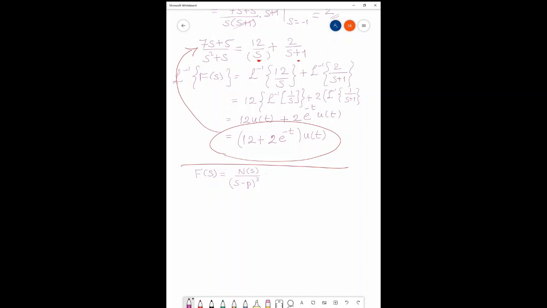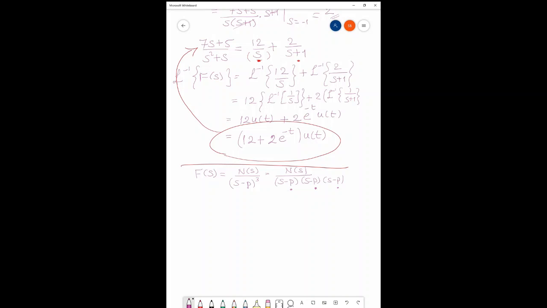That's the same as having some numerator over s minus p times s minus p times s minus p. So in this case we have poles, but repeated poles.